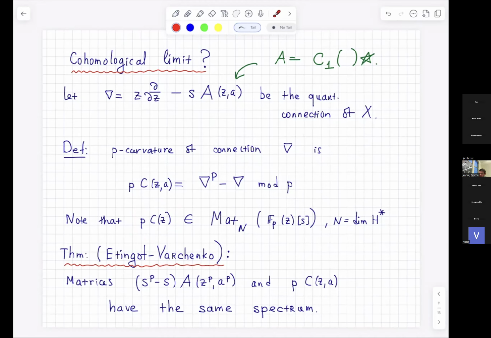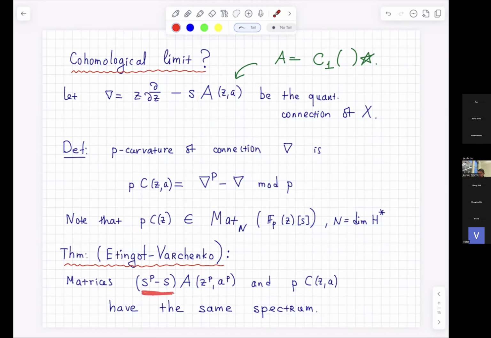They proved that the spectrum of the p-curvature is related to the spectrum of the original matrix A, the quantum multiplication by something, as follows. You take this matrix A, you raise all variables to the power p and multiply it by s to the power p minus s.